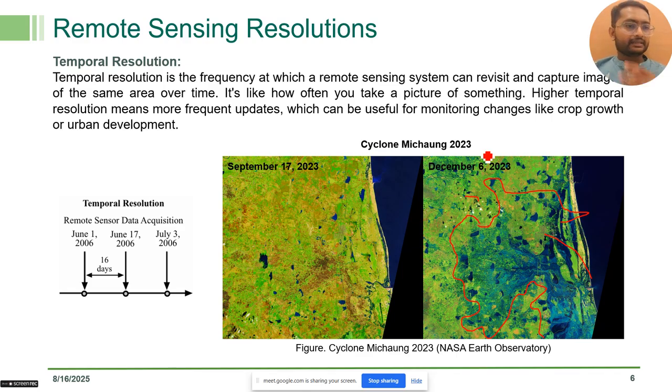Let's take the example of the recent landslide which happened in Dharali, Uttarkashi. The image which we got at 10-meter resolution was captured on the 1st of August, and the event happened around 5th or 6th August.